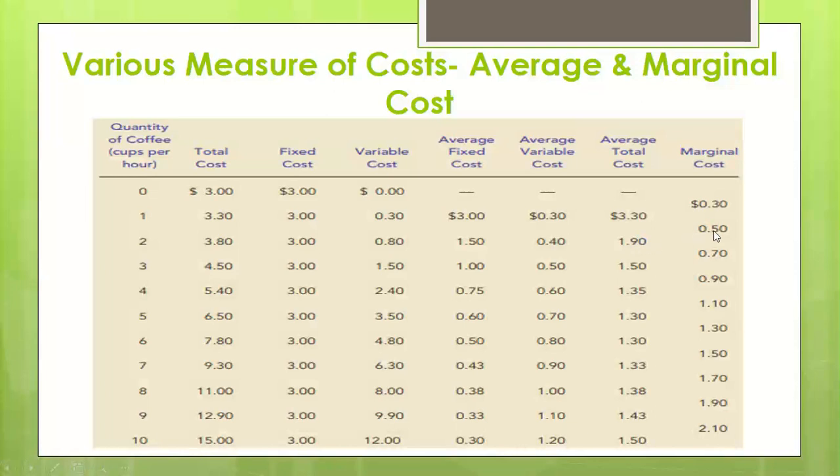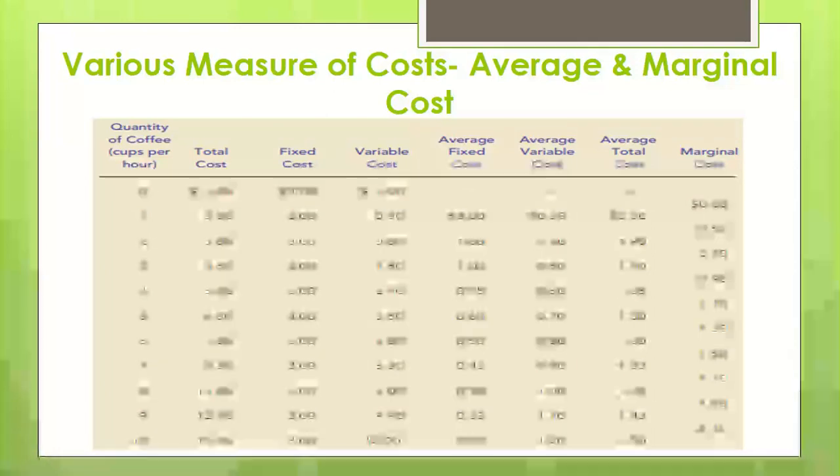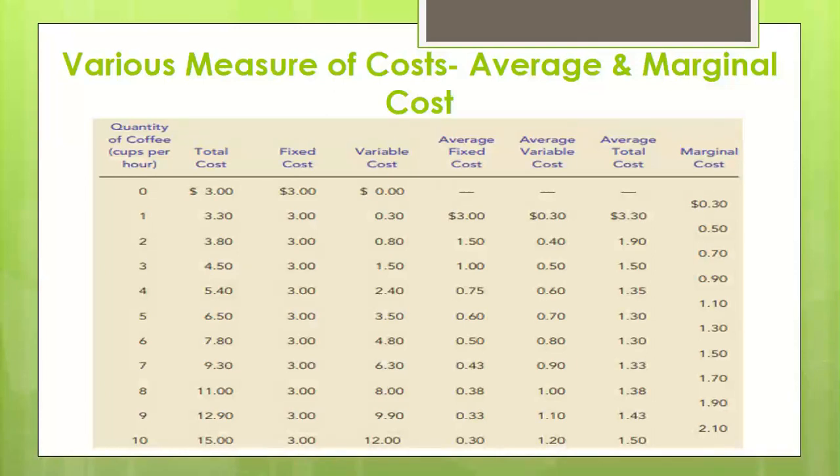Then comes marginal cost, and marginal cost here at the quantity of output of 2 units is 0.50. The formula for calculating the marginal cost is change in total cost due to change in quantity.